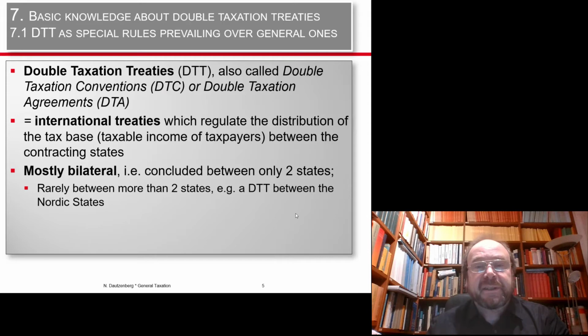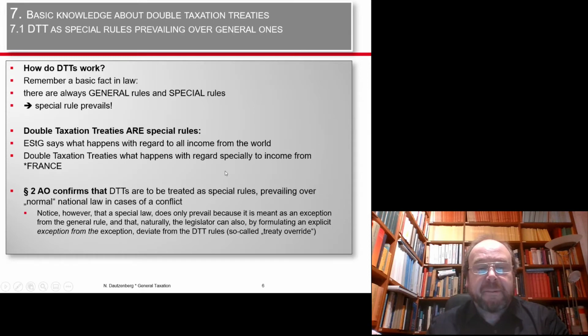For example, there is a multilateral DTT between the Nordic states, but this is very rare. Good. How do DTTs work?